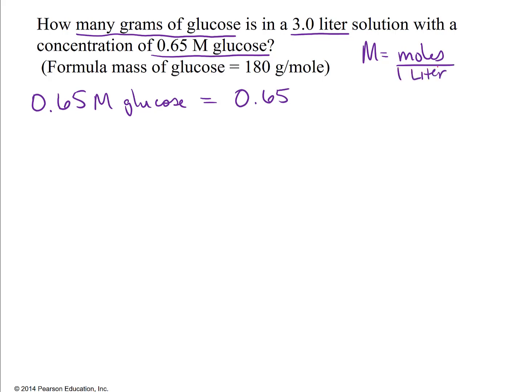Every time you see that big M, just change it back to what the unit is, because then you can use it. It's just an abbreviation. That capital M means moles per liter. So in the solution, there are 0.65 moles of glucose per liter of the solution.